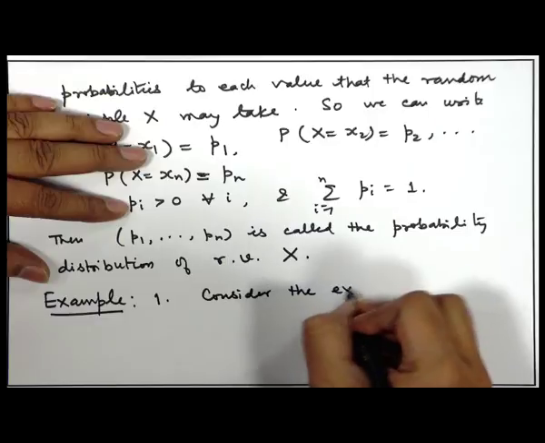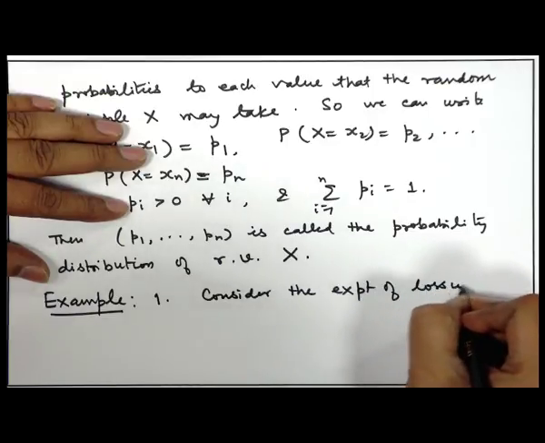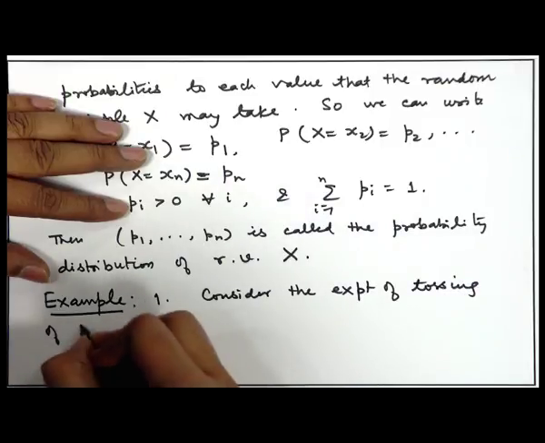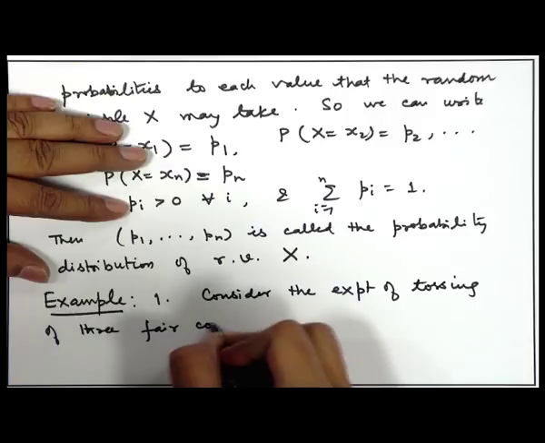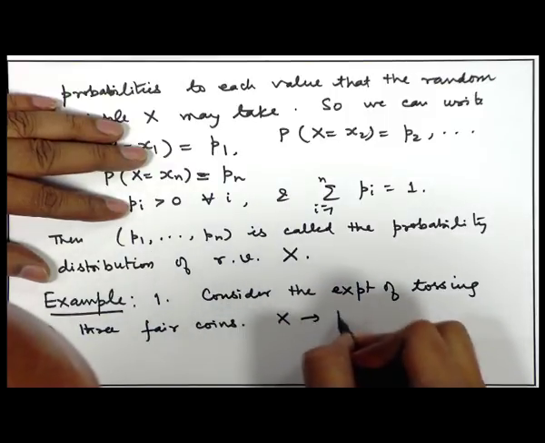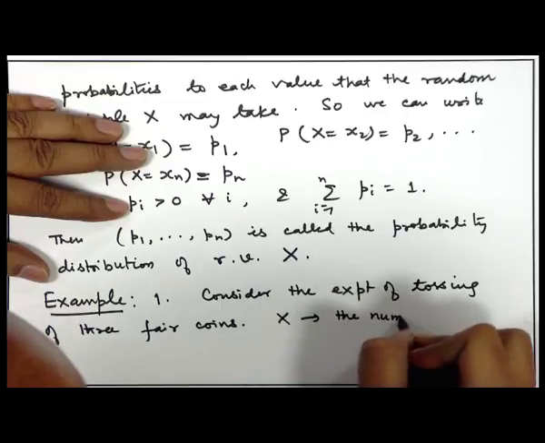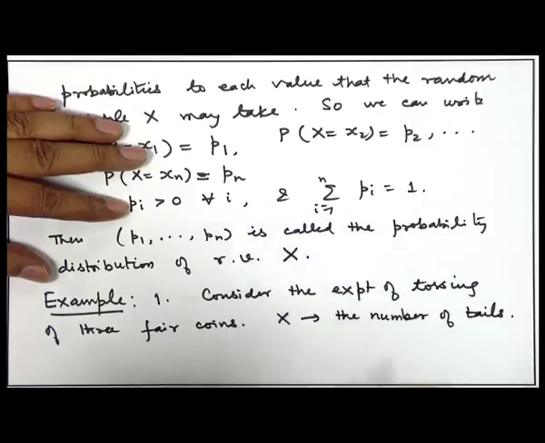Consider the experiment of tossing 3 fair coins, and here x is the number of tails.